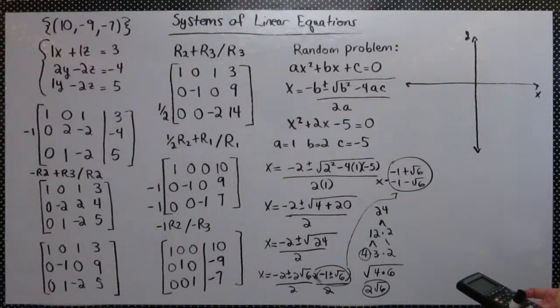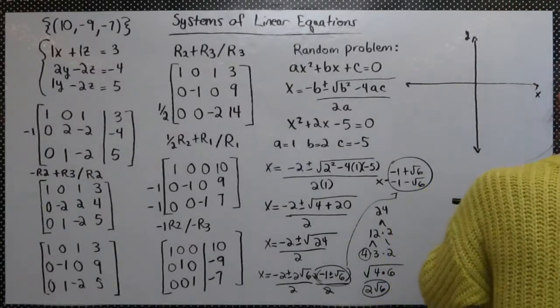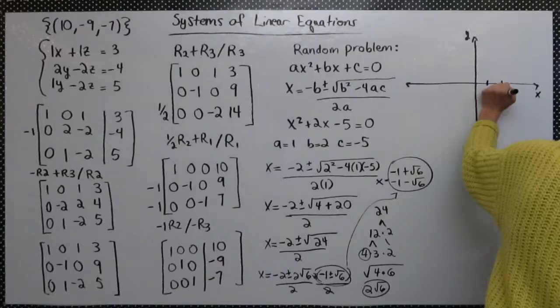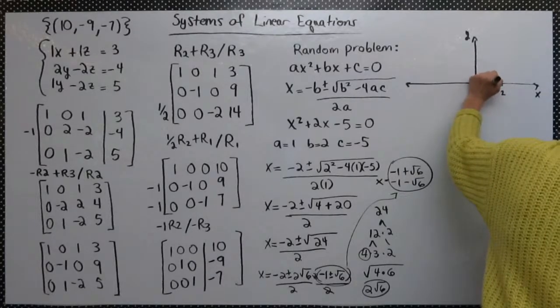So the square root of 9 is 3. So it's existing between 2 and 3 minus 1. But we'll say radical 6 minus 1 is approximately 1.4. So we'll say that's 1, and this is 2. And it's right here.